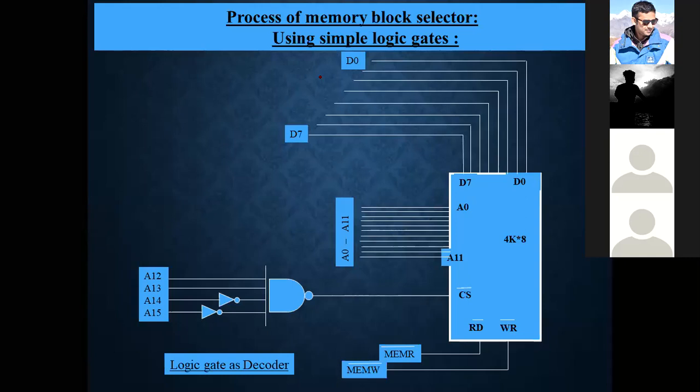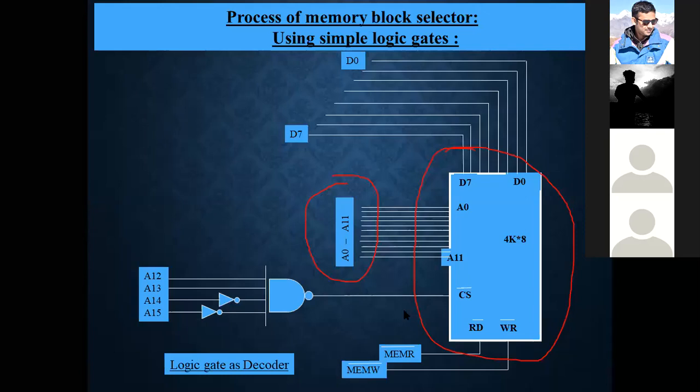The rest of the 16 lines, A12 to A15, are 4 address lines. These address lines will be used to enable this particular RAM. Now you can see in the PPT, A0 to A11 are directly connected to the RAM to give the address of 4 kilobytes.